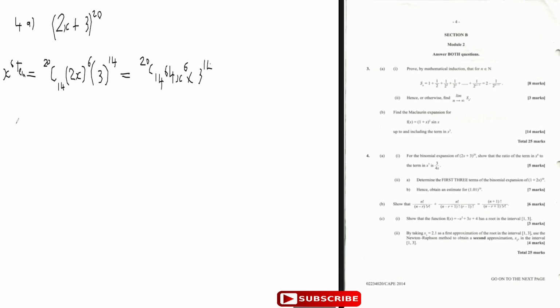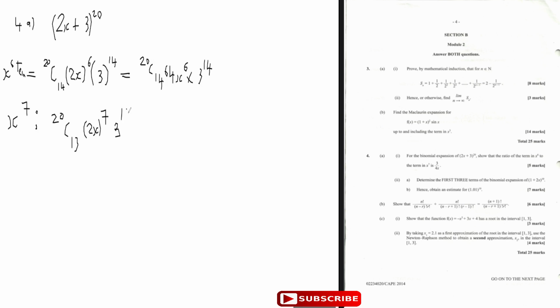The x to the 7th term is going to be 20 choose 13 times 2x to the 7th power times 3 to the 13.